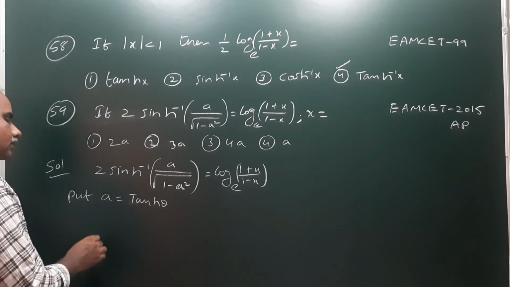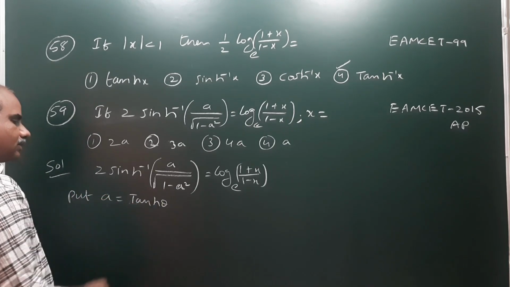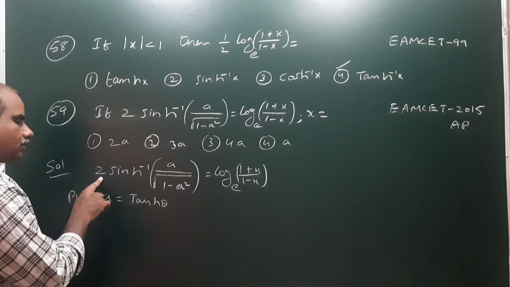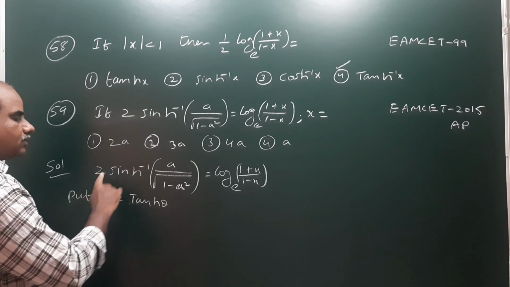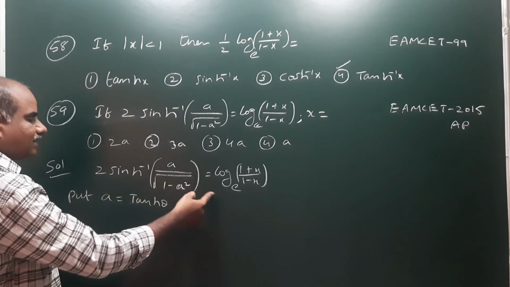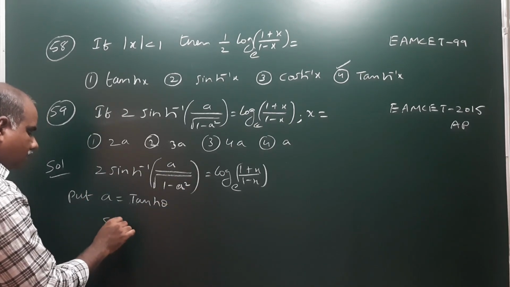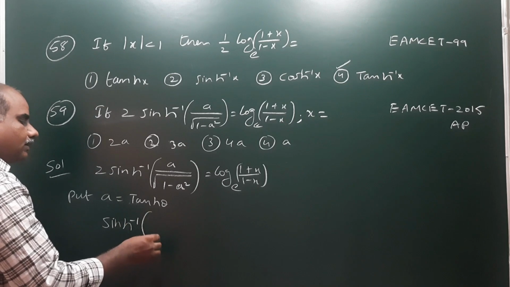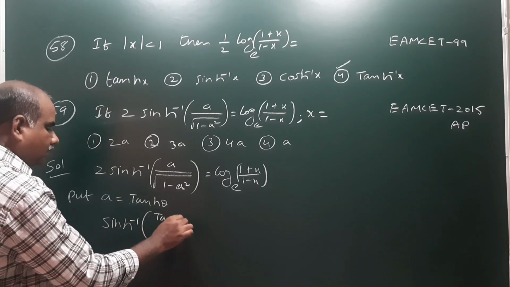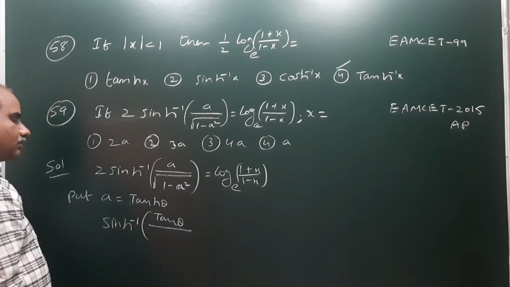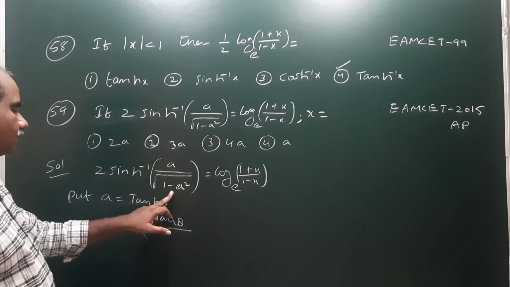Let us substitute this. So to transpose this number 2 to right side, then it becomes sin h inverse a, means tan h theta by root of 1 minus tan h square theta.